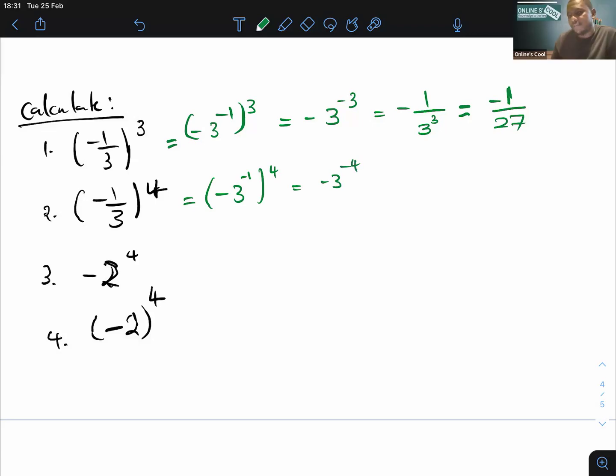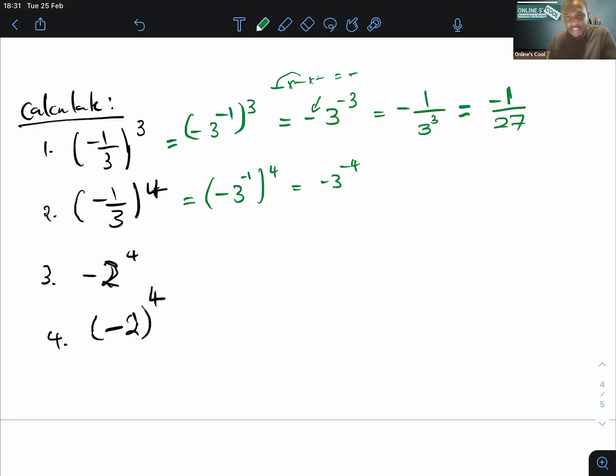Now you ought to be very careful about this negative. This negative is also multiplied. It's part of the bracket. We maintain the negative not because we like it, but because we must multiply it 3 times. Negative times negative times negative: negative times negative gives positive, multiplied by negative gives negative.